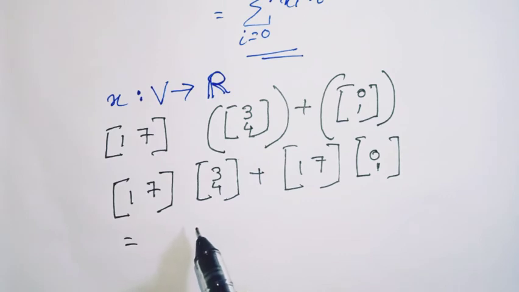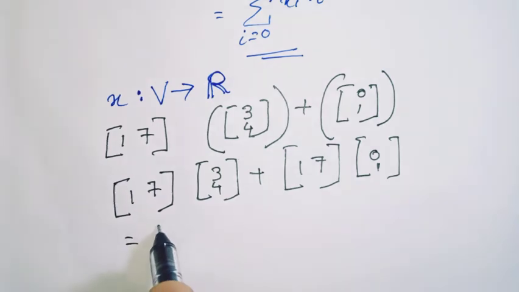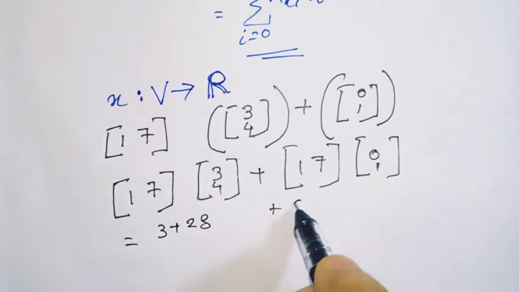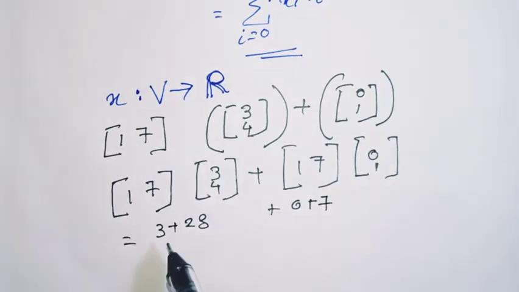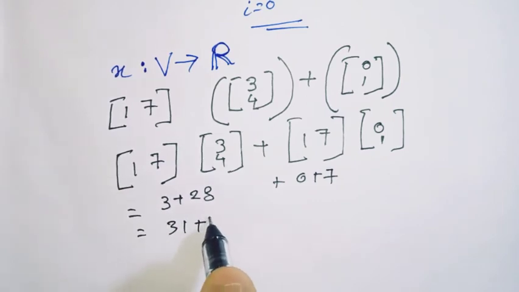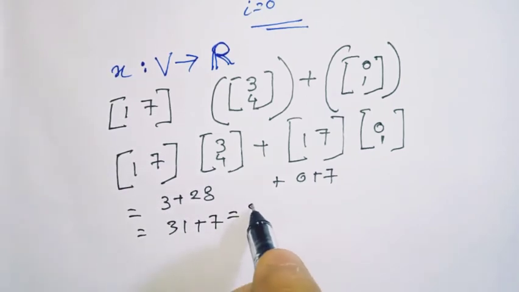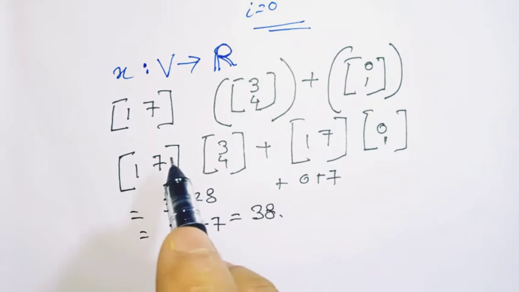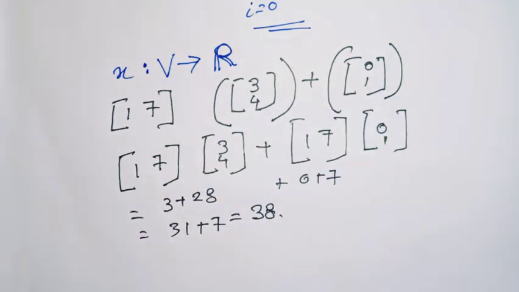It will be 3 plus 28, plus 0 plus 7, so this becomes 31 plus 7, which is 38. So we are splitting up the row vector between these two parts, 1 and 7 here and 1 and 7 here.